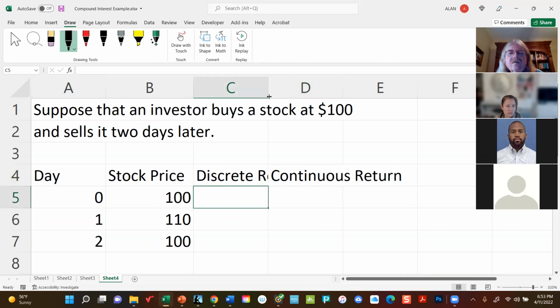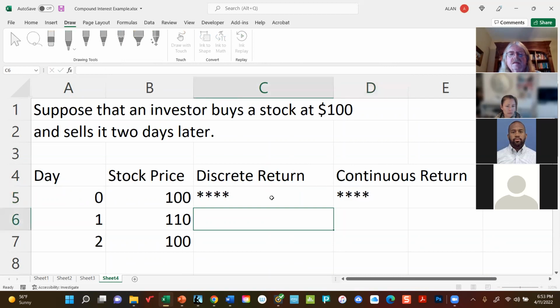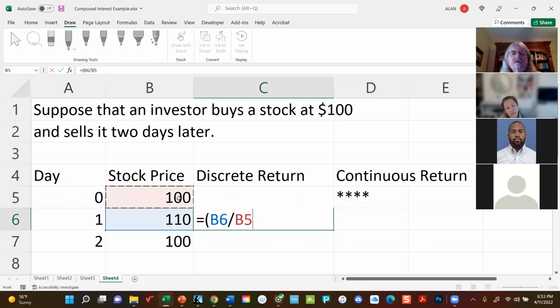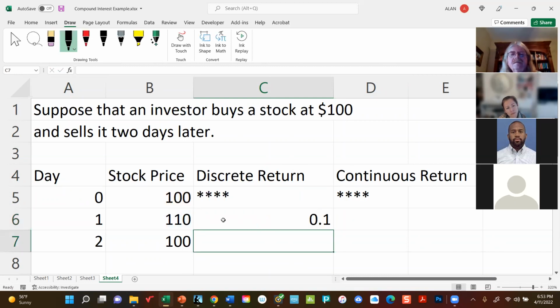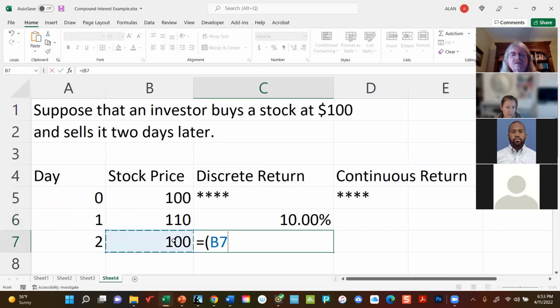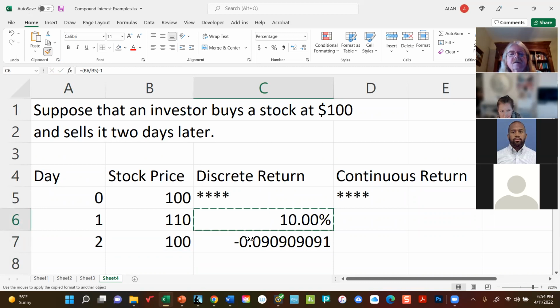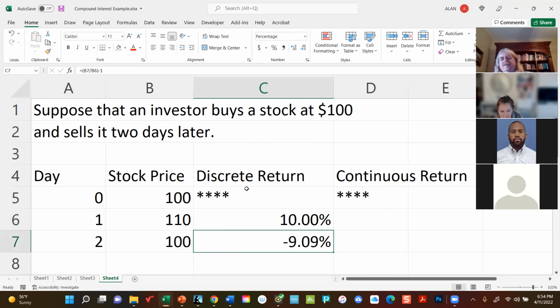So if I'm calculating the rate of return in discrete terms, how do I figure that out? Here I've got the ratio of 110 over 100 minus 1, 10%. The second day, I've got the ratio of this number to this number minus 1. And that's a loss of 9.9%.